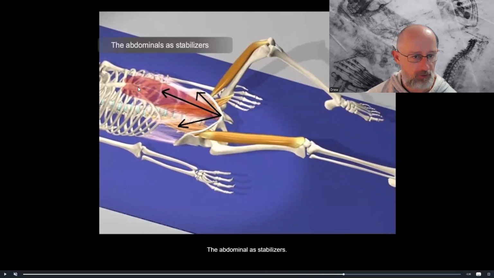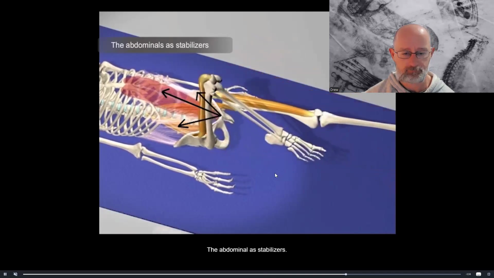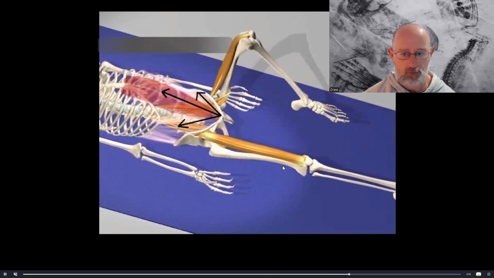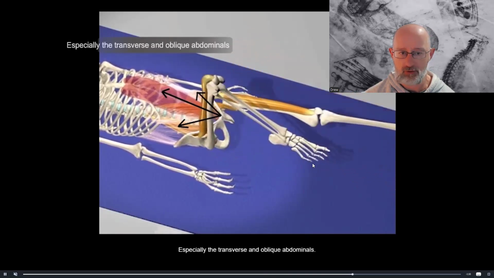So you've got the rectus abdominis here, and then you've got the internal and external obliques coming on the side angles. And remember those obliques, they wrap right around. So they will help stabilize from the front to the back. It's a really, really good demonstration of that exercise.